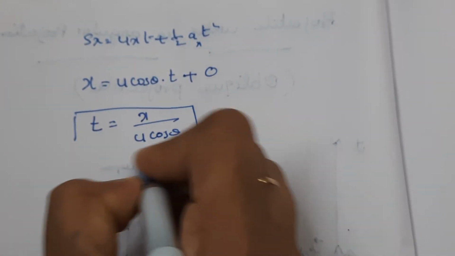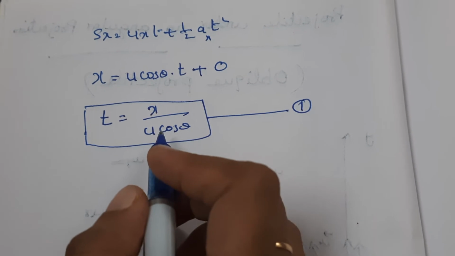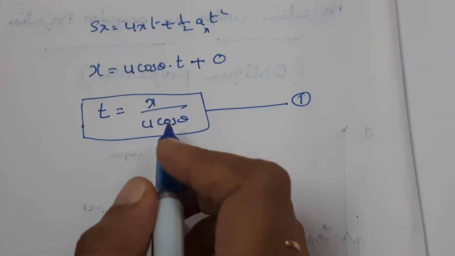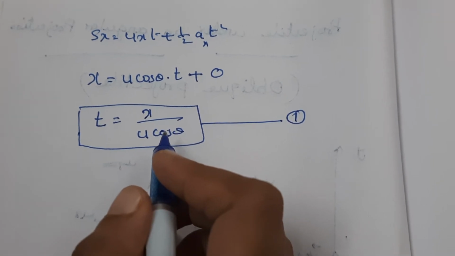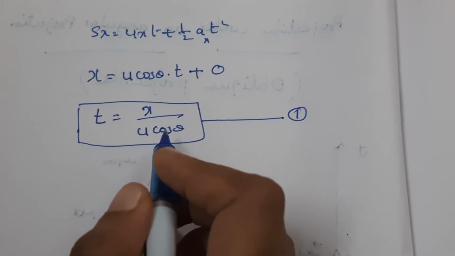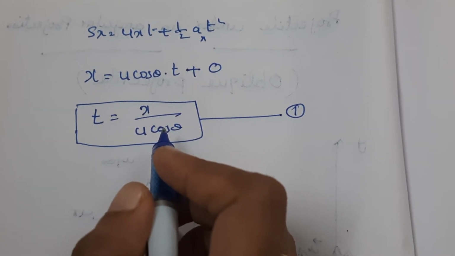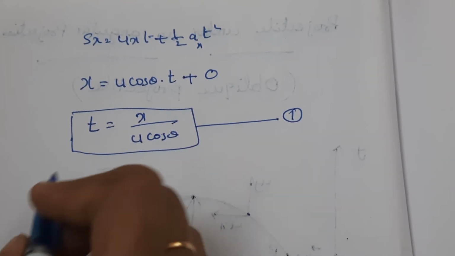Okay. So this is considered as equation 1. So in this oblique projection or angular projection, first we have seen the horizontal component of velocity, that is vx is equal to u cos theta, then the horizontal distance travelled by the projectile. Okay. Now let's consider the vertical motion.